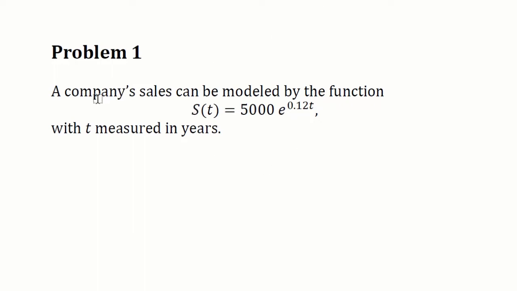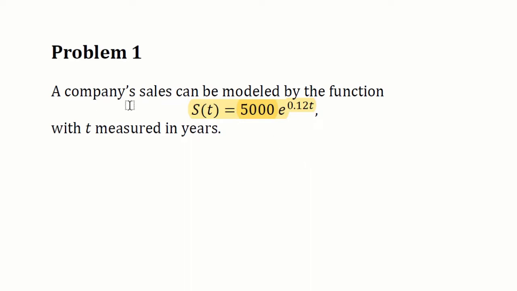So if we're running a company, think about from the first year, from the first instance that we open our company. Sales here could represent the quantity that we're able to sell, the number of units that we are selling away. So this is some initial amount of sales quantity, and then our sales is growing exponentially.